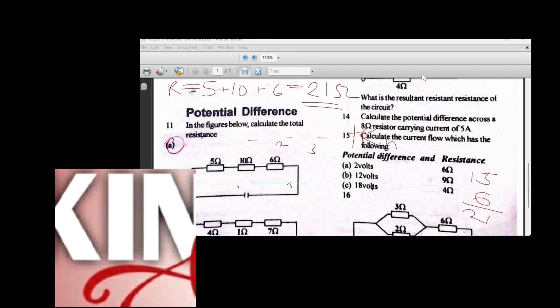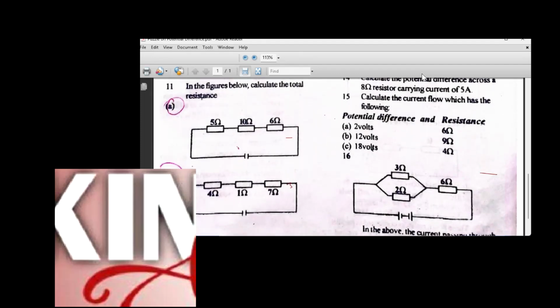Then we move on to the next question. The next question states that we should equally find the equivalent resistance of these resistors that are equally connected in series.